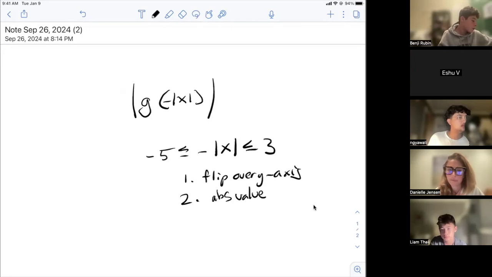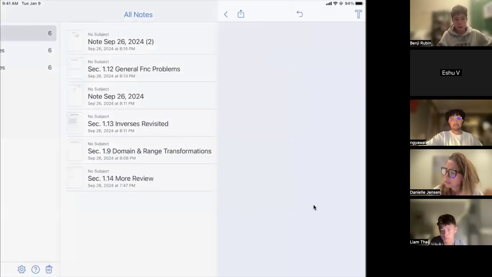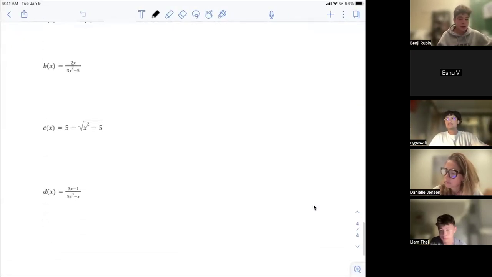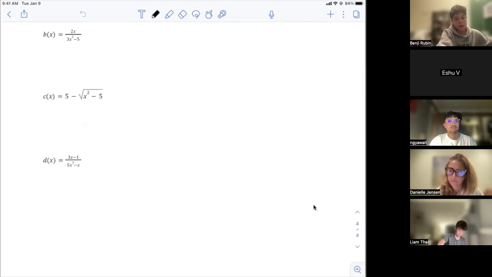So on 1.14, 6D, it's just the last problem. I understand that it's neither, but I don't really get exactly why. I think it's the minus x, but if there wasn't the minus x part, would it not be neither?